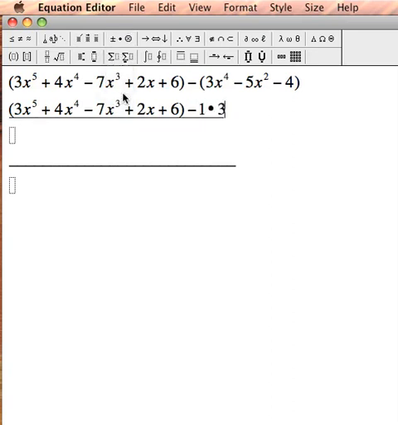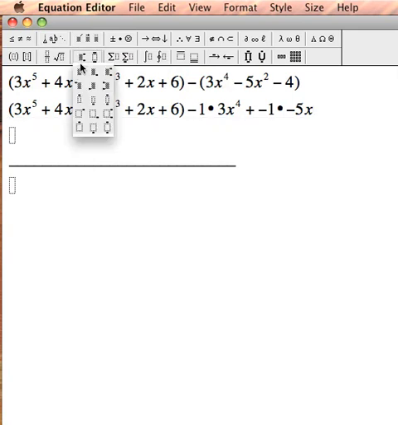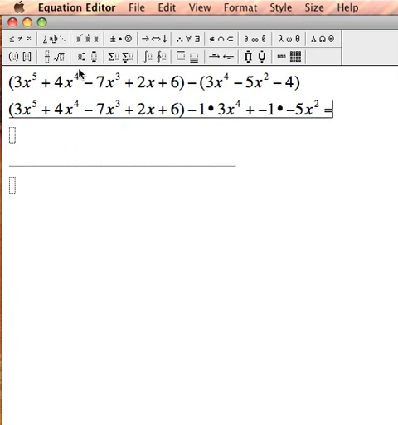That's better. -1 times 3x to the fourth power plus -1 times -5x to the second power and -1 times -4.